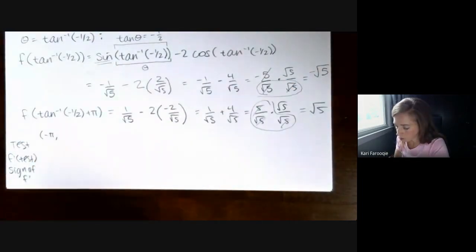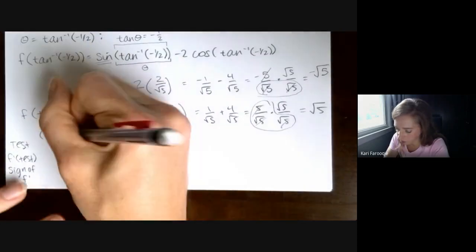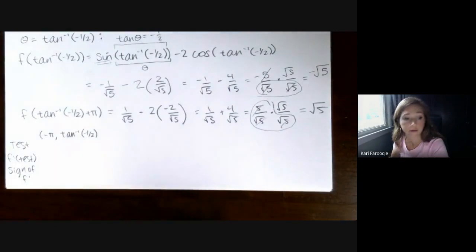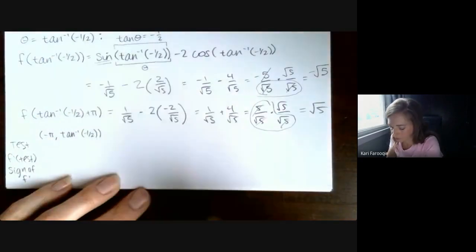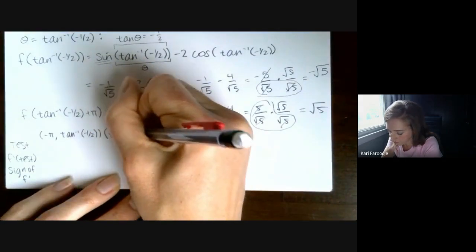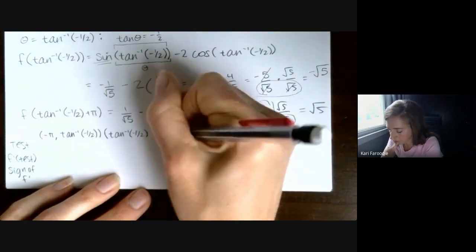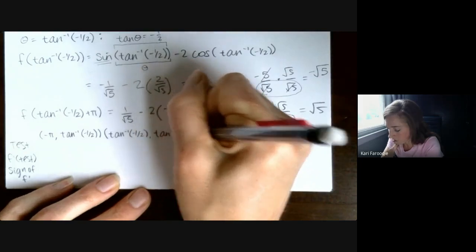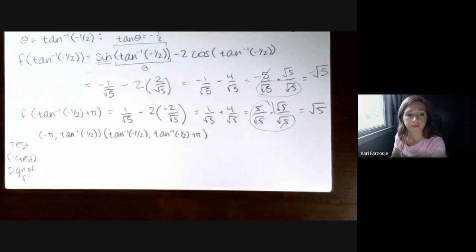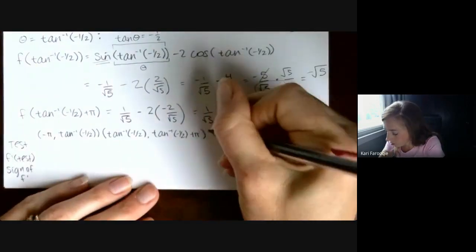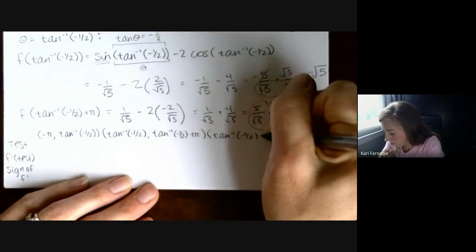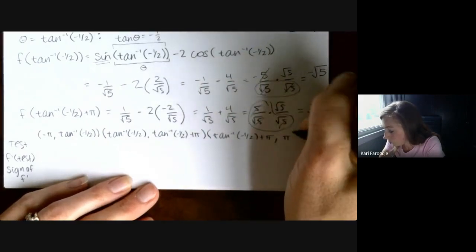And the first critical number would be the smaller one, which is the inverse tangent of -1/2. And then you would go from that critical number to the next one, which is inverse tangent -1/2 plus pi. And then you would go from that critical number to your right endpoint.